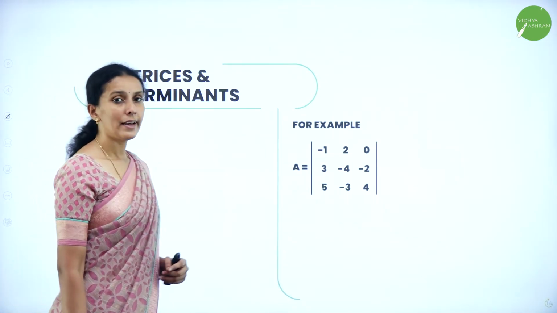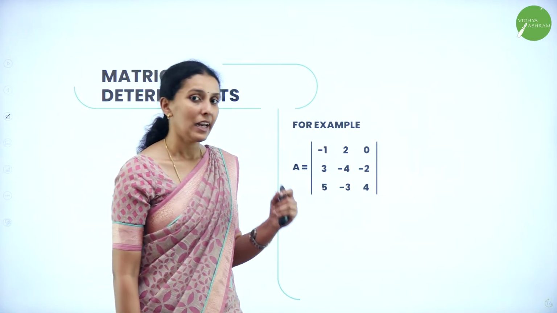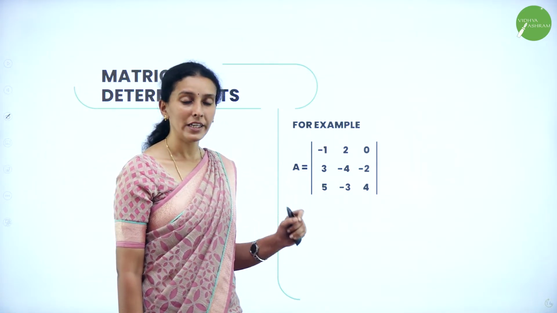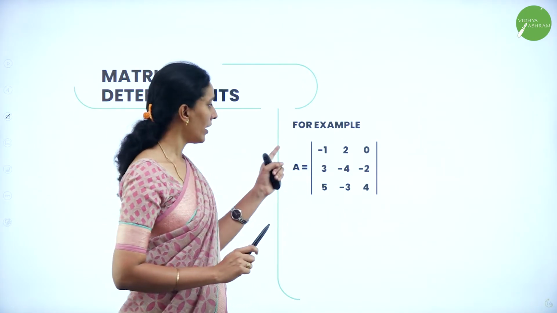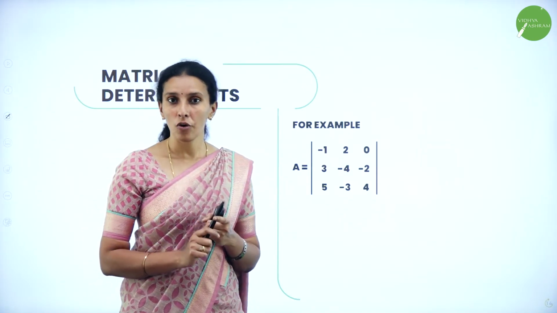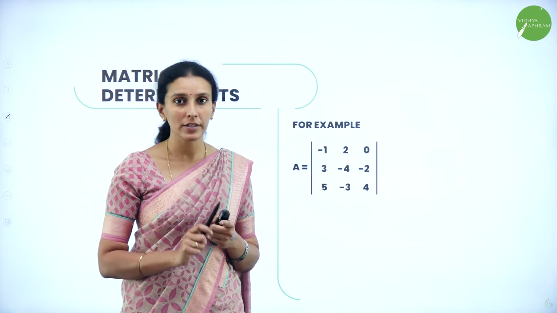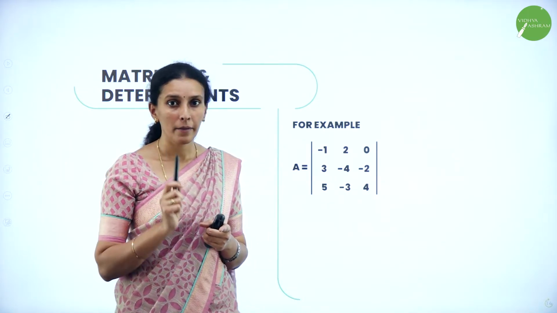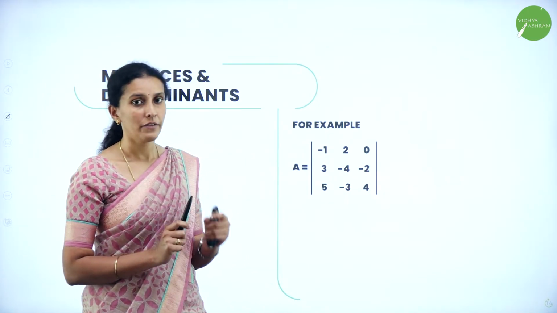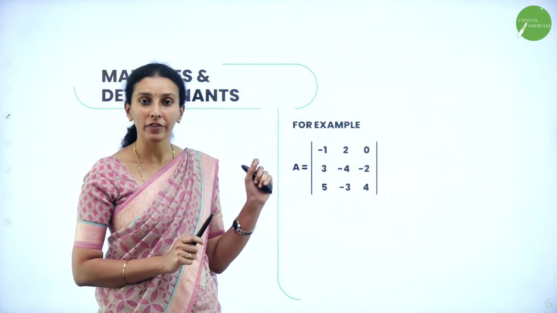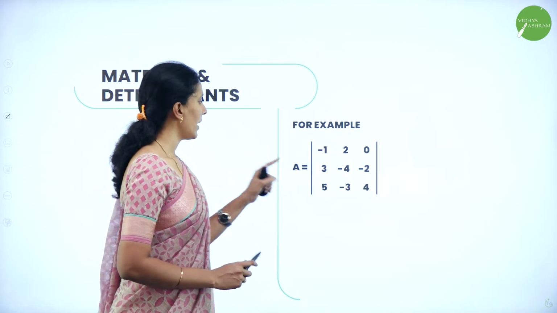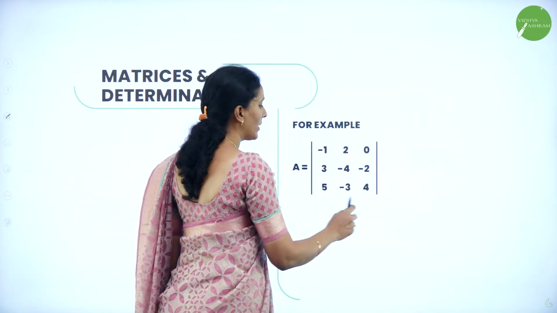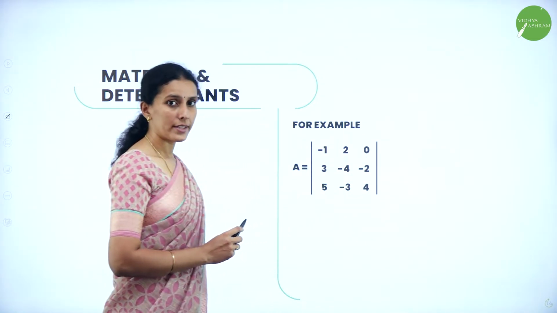So here I have taken an example. Let me write the cofactor matrix for a given matrix. To write the cofactors of a given matrix, we first write the minors of the elements. First, let us calculate the minor of each element. So here we have A, and I need to write the cofactor matrix of this one.